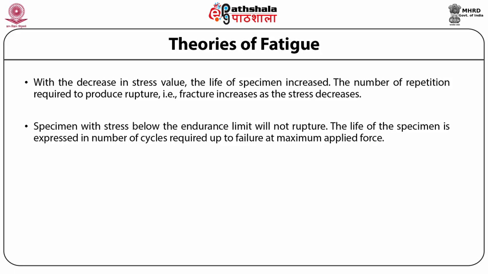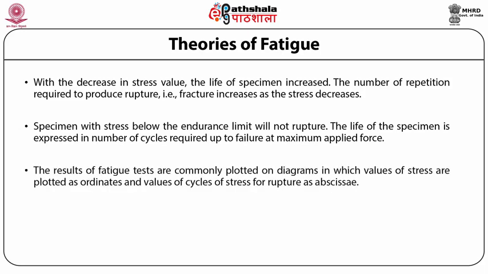The life of the specimen is expressed in the number of cycles required up to failure at maximum applied force. The results of fatigue tests are commonly plotted on diagrams in which values of stress are plotted as ordinates and values of cycles of stress for rupture as abscissae.